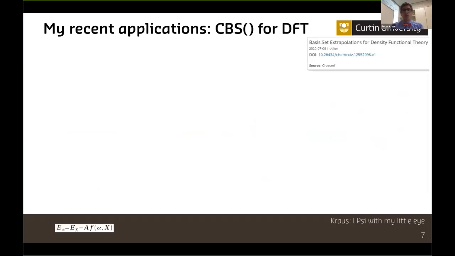The final piece of work, which I have recently submitted and is available on ChemRxiv for everybody to read, is developing basis set extrapolations for density functional theory. I'm showing you the equation on the bottom left. You can imagine an extrapolation technique is essentially trying to solve this equation, where you have an unknown energy at an infinite basis set size, but you have multiple energies at known basis set sizes with a cardinality x.